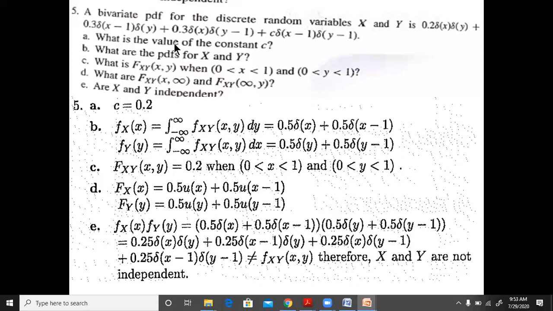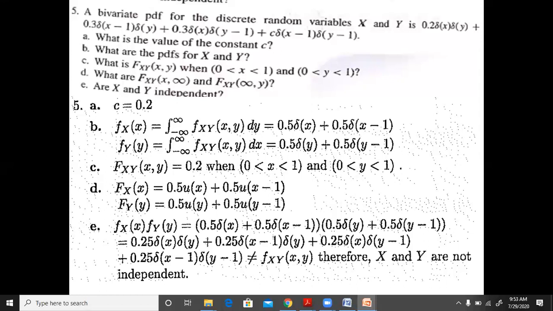Let us take the next problem. A bivariate PDF for the discrete random variables x and y is 0.2 δ(x)δ(y) + 0.3 δ(x−1)δ(y) + 0.3 δ(x)δ(y−1) + c δ(x−1)δ(y−1). Till now, what we took in the third problem was the continuous random variable.